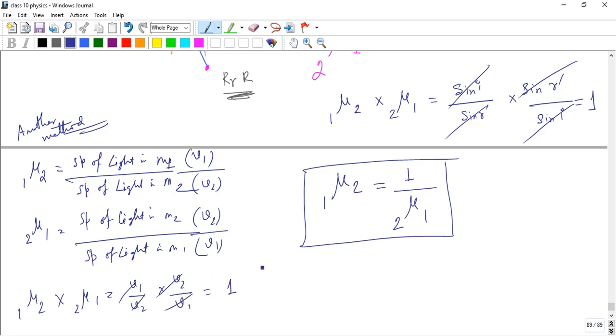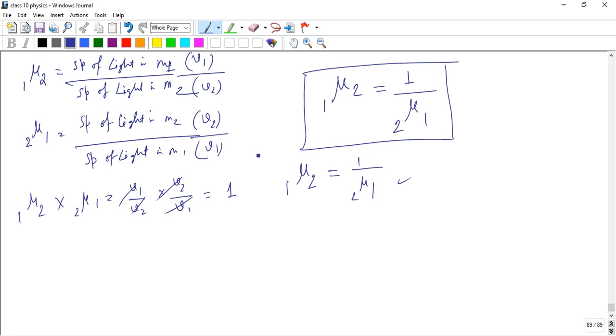We get the same concept: mu 1 to 2 is equal to 1 by mu 2 to 1. Another method is to solve it with the help of mu only.